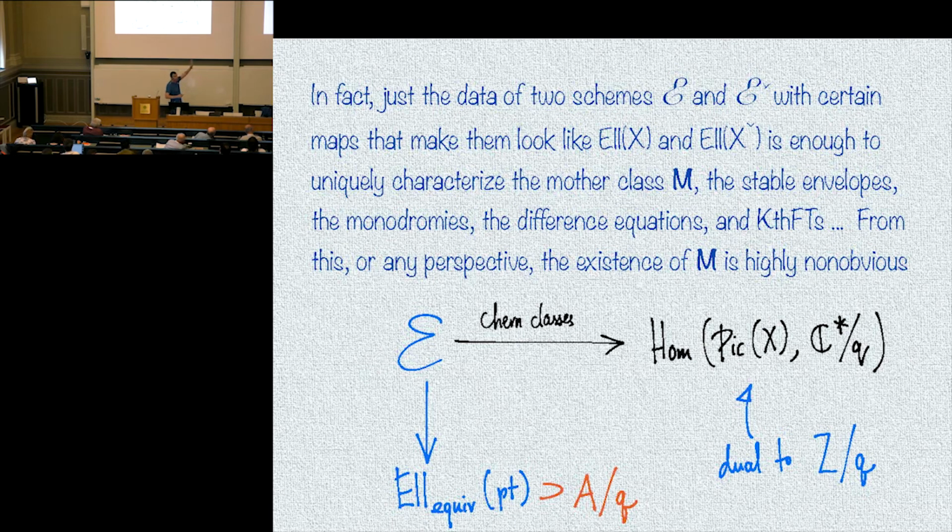I don't really need to know what X is from this. I just have this. But the existence of this class, as I said, the existence of this class is super not obvious.